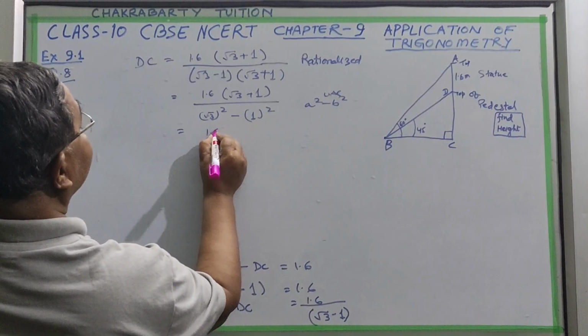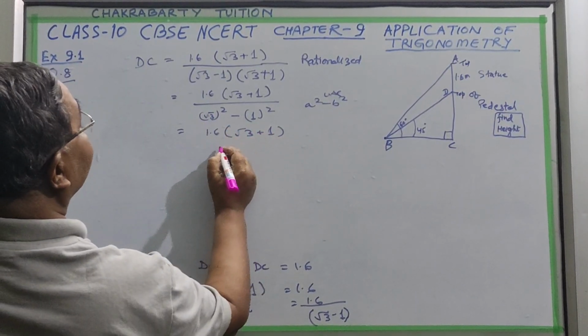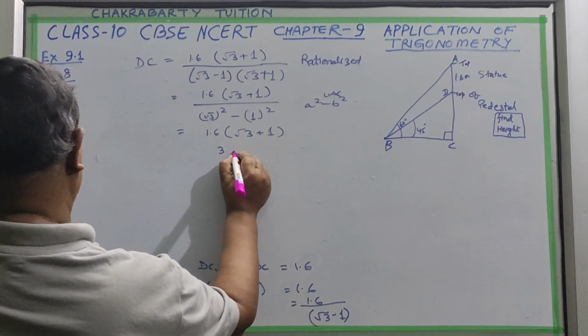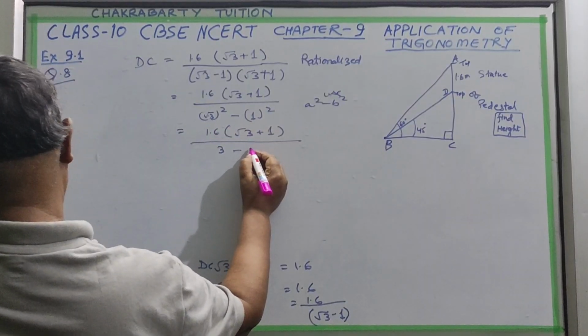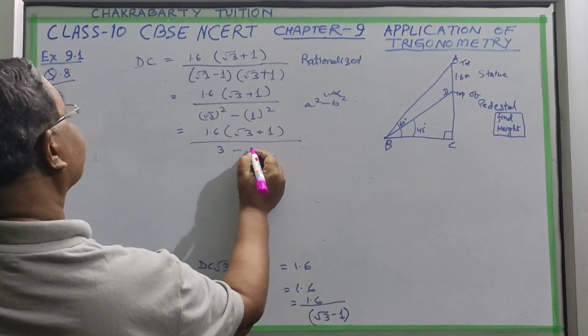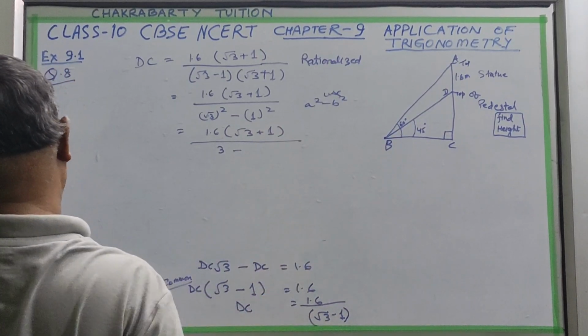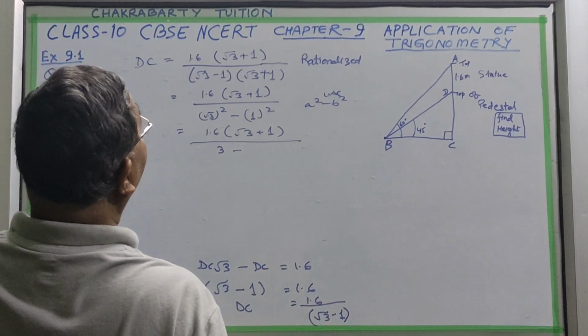So 1.6 under root 3 plus 1, and the denominator will become 3 minus 1.